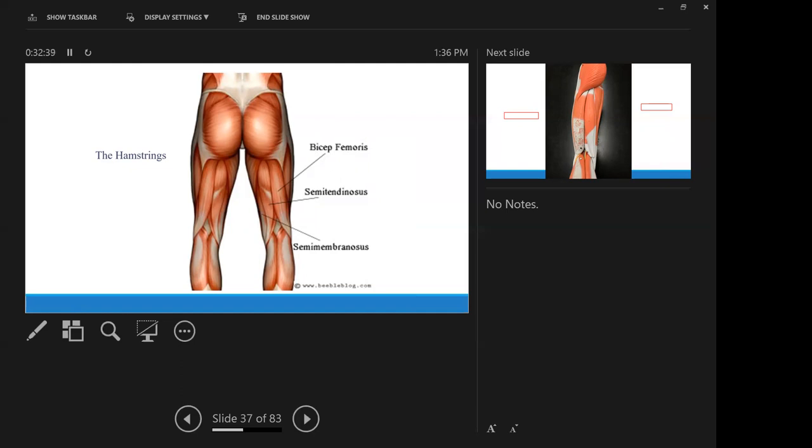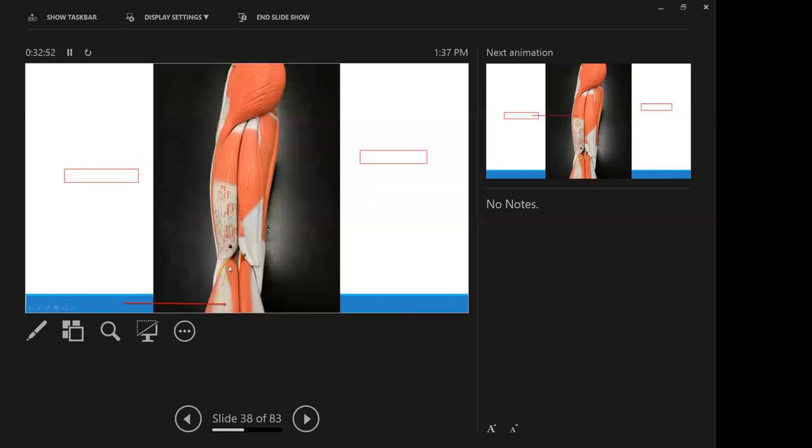That means the other one has to be the biceps femoris. So if the two semis are on the medial side, then the biceps femoris has to be on the lateral side. These are the hamstrings. There's only 3 of them. Here's what the model looks like. Here we see the biceps femoris. That means this is the lateral side we're looking at here. That means that the little toe is down here somewhere, and the great toe is over on this side.